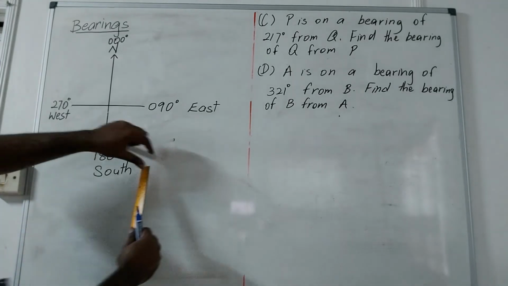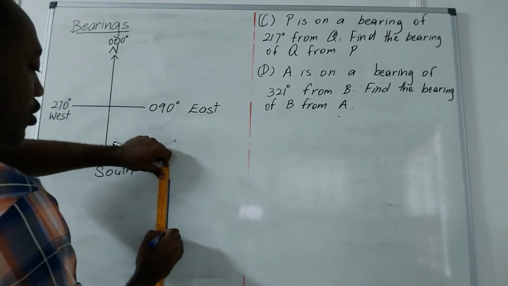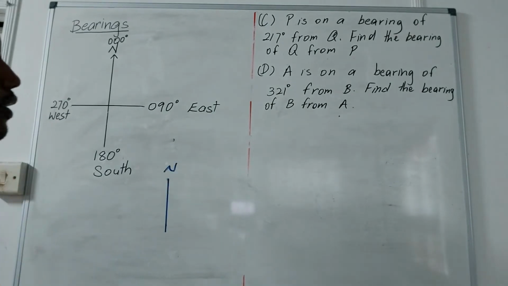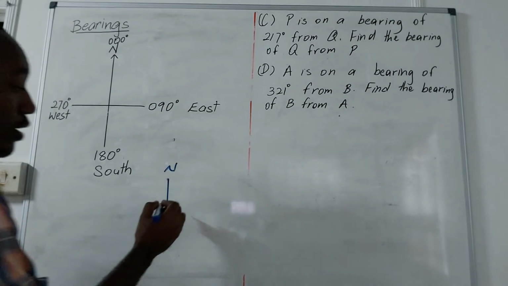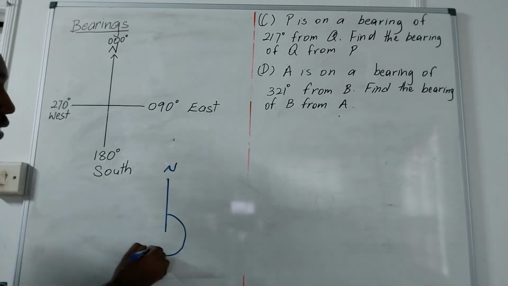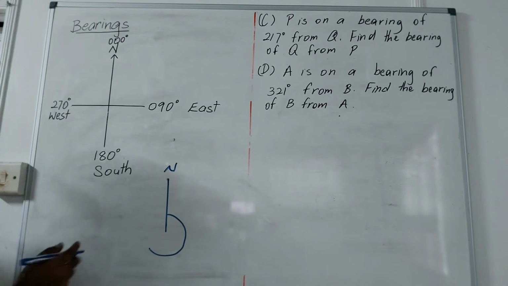So, our north line first. Remember to draw your north line. All right, and a bearing of 217 degrees will be around here. See, it is between 180 and 270, so it is somewhere in this quadrant.